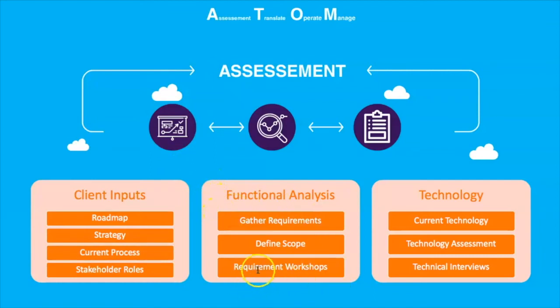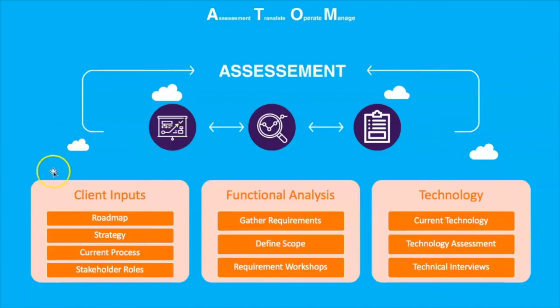Then we do some requirement workshops. Based on these workshops, we define what technology integrations are needed. For that, we need to understand the current technology, and a proper technical analysis is done with the IT team through various interviews.